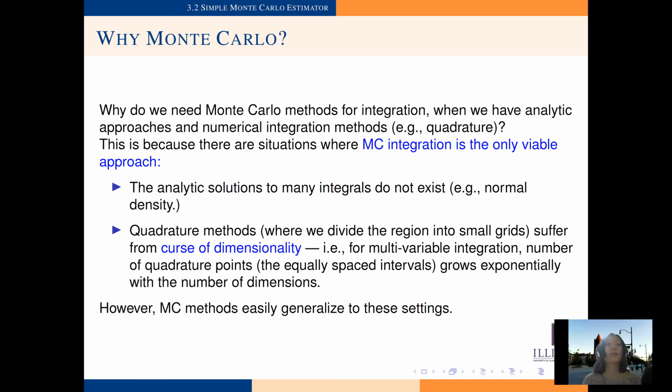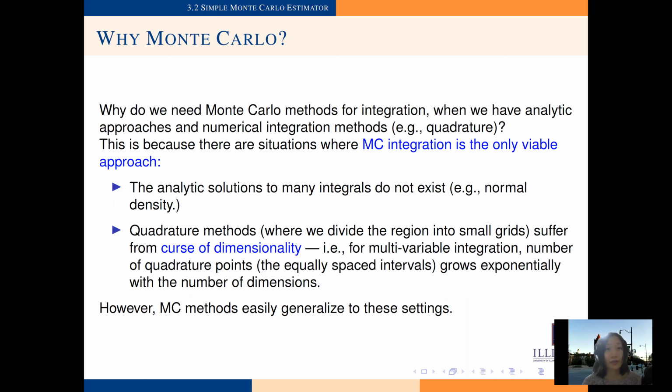So if you're doing the integration of two variables, x and y, you will need to consider equally spaced areas of a bunch of possible x values, a bunch of possible y intervals, and then the cross of each of them. So you can see that the number of quadrature points where you have to evaluate your function is going to increase with the dimensions.